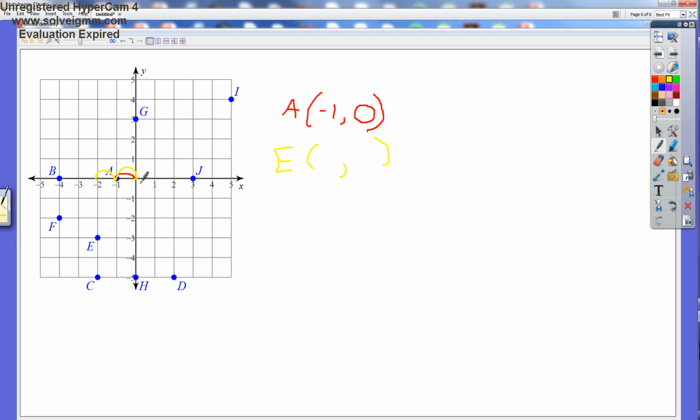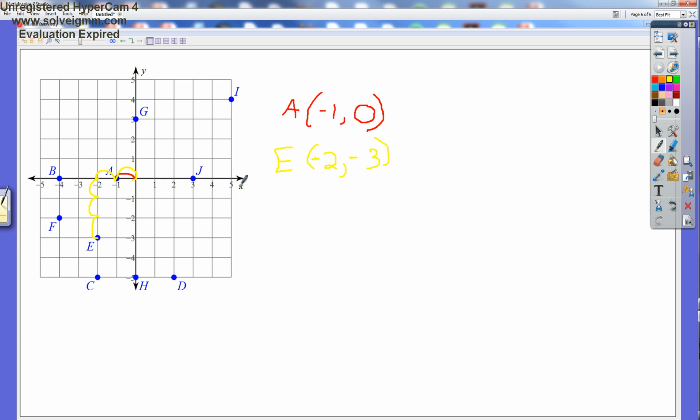So my X coordinate, if you look, I counted 1, 2, and it's in the negative direction, so I know that's a -2. Now I got to do my Y, so I got to make my way down to it. So I count 1, 2, 3. And I know since I'm going down, that means it's going to be a -3.